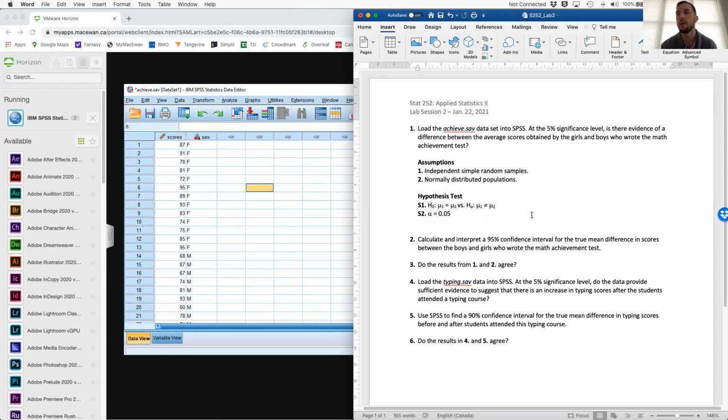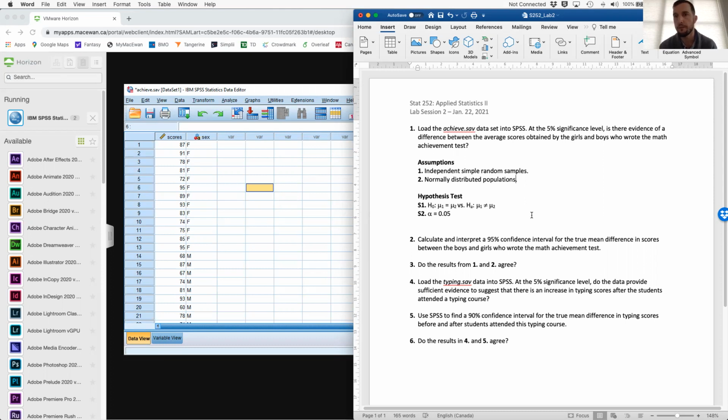For questions 1, 2, and 3, we're going to use the achieve.sav data, which is available on the course website, and I believe we also used this data set last class. And for the paired t-test, we're going to use the typing.sav data, which is also available on the course website. I'll talk a little bit about the differences between the 2 types of tests, but for the most part, the derivation of the test statistics, the discussion on sampling distribution, and the rationale for the different tests will be discussed in lecture.